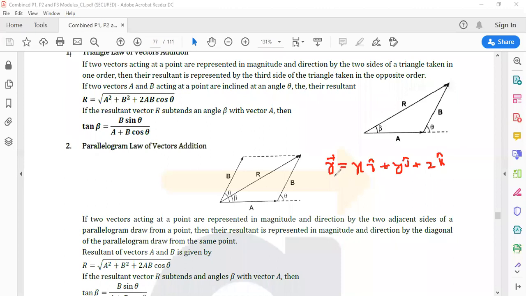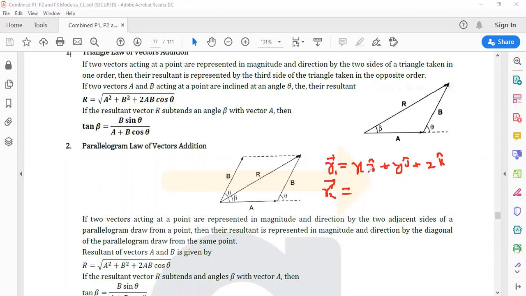If R1 and R2 are both given, you just have to add the x component, y component and z component respectively. You can add or subtract them respectively. That's how you add two vectors if they are given in component form.